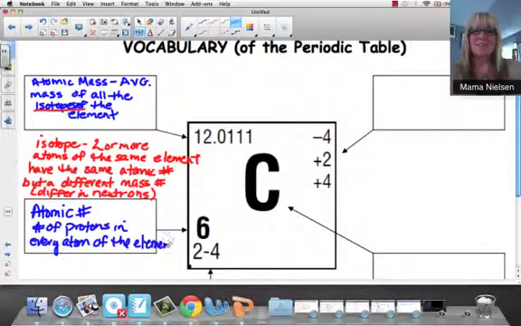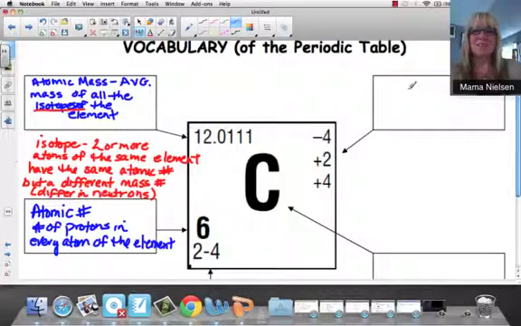So what that means is every single oxygen atom has an atomic number of 8. Every nitrogen atom has an atomic number of 7.